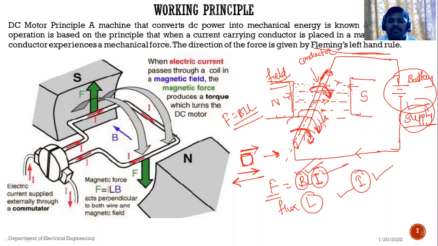So Fleming's left hand rule states that when the first three fingers of the left hand are kept mutually perpendicular to each other, then the forefinger or first finger shows the direction of magnetic field, the middle finger shows the direction of current flowing through that conductor, and the thumb indicates the direction of force.